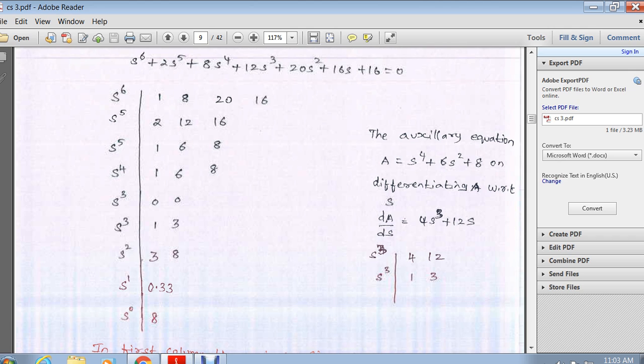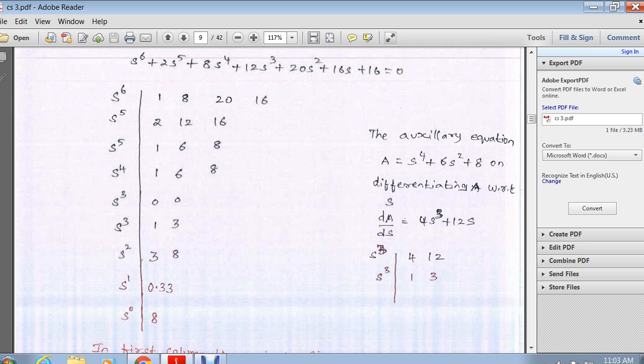Here we have one special condition: if you observe the s cube row, it is filled with all zeros. So we need to go for the auxiliary equation, taking the previous row's values. A = s^4 + 6s^2 + 8, and differentiating this with respect to s, we have dA/ds = 4s^3 + 12s.